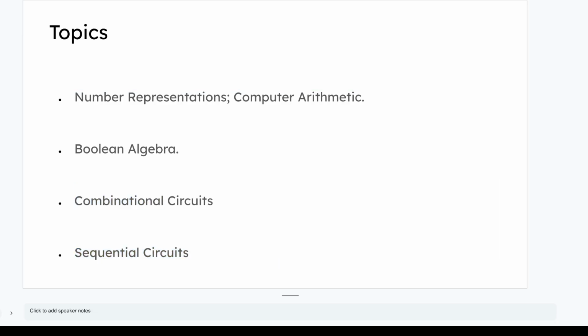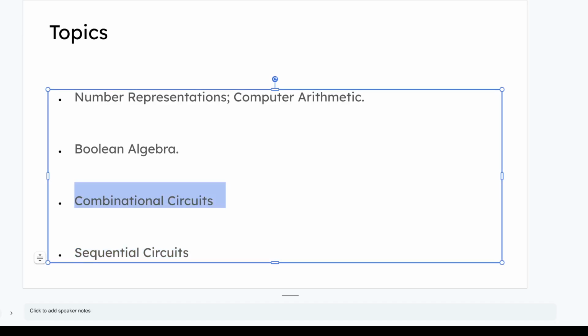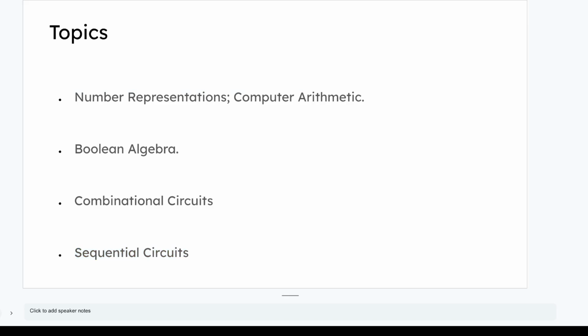These are the major topics which we study. Under combinational circuits, we study half adder, full adder, carry look ahead adder, encoders, decoders, multiplexer, demultiplexer, right, BCD converters, and so on. Then wherever memory elements are required, we go for sequential circuits. Here we study various flip-flops, right? Then we study memory elements like finite state machines, etc., right?